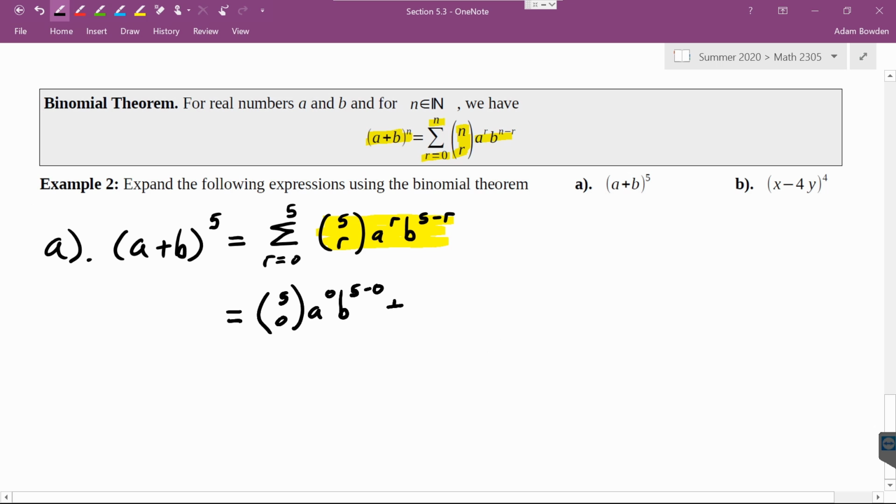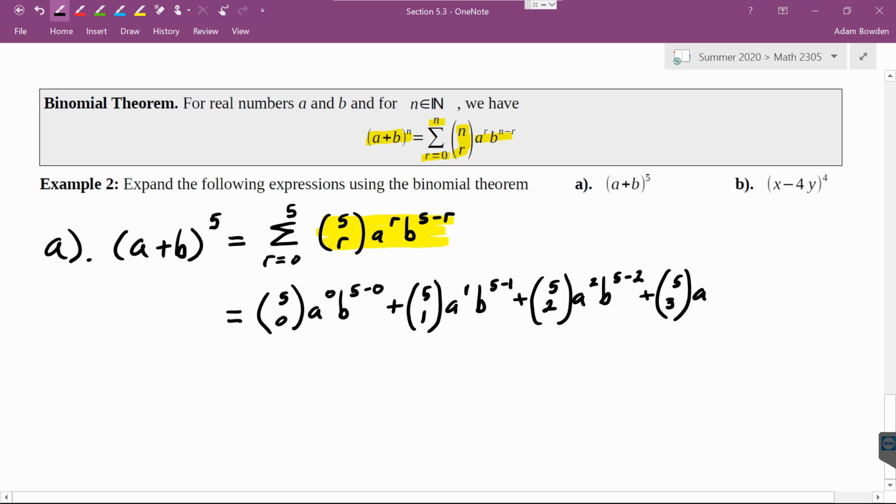That's the first term. The second term is 5 choose 1, a to the 1, b to the 5 minus 1. The third term would be 5 choose 2, a to the 2nd, b to the 5 minus 2. The next term would be 5 choose 3, a to the 3rd, b to the 5 minus 3.